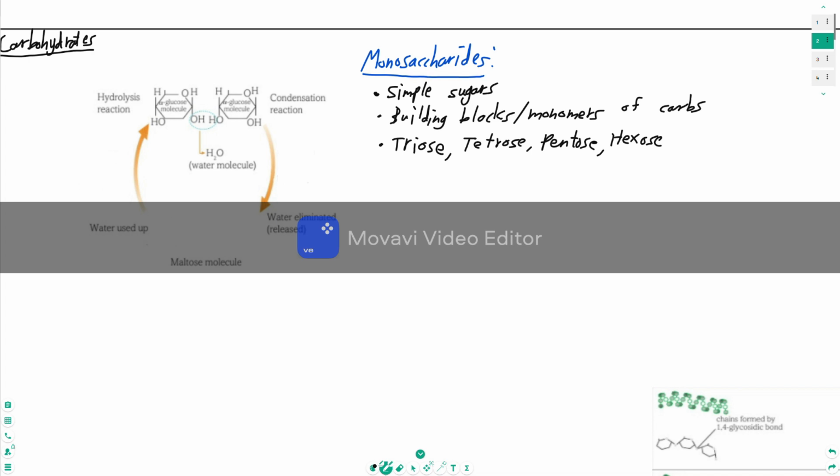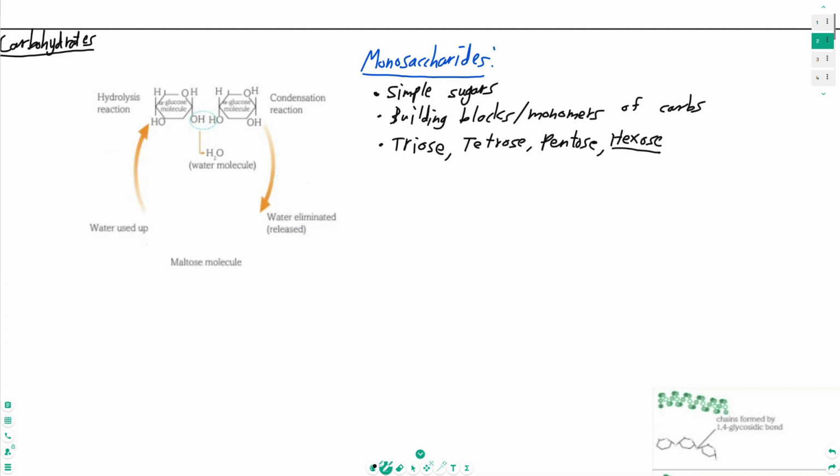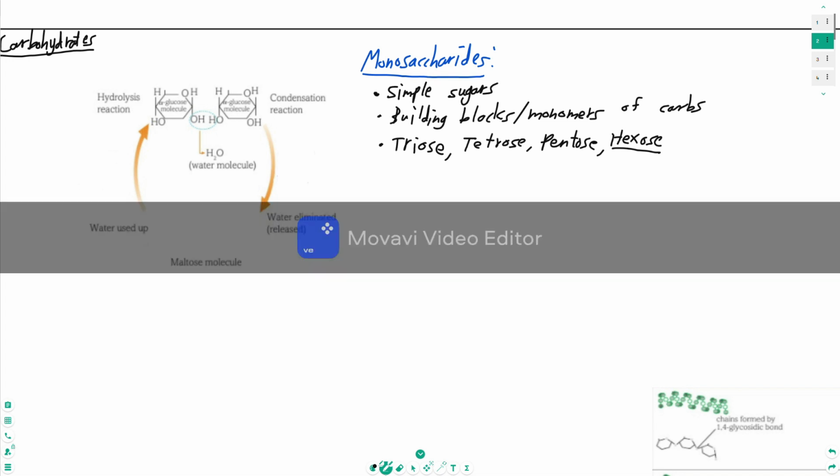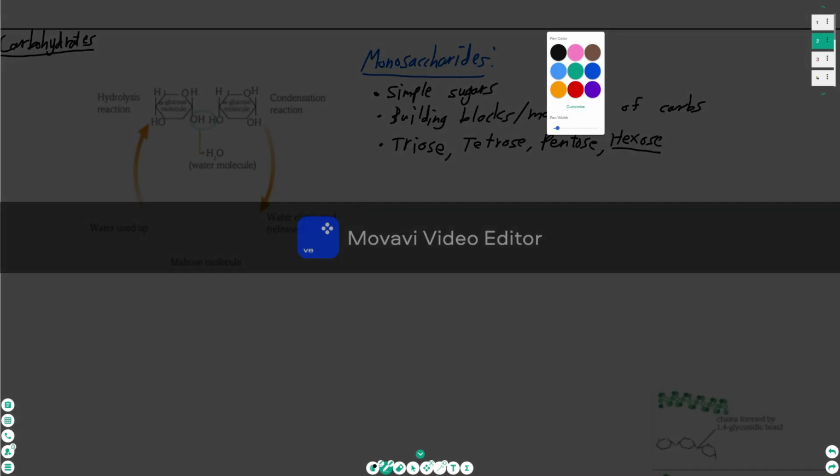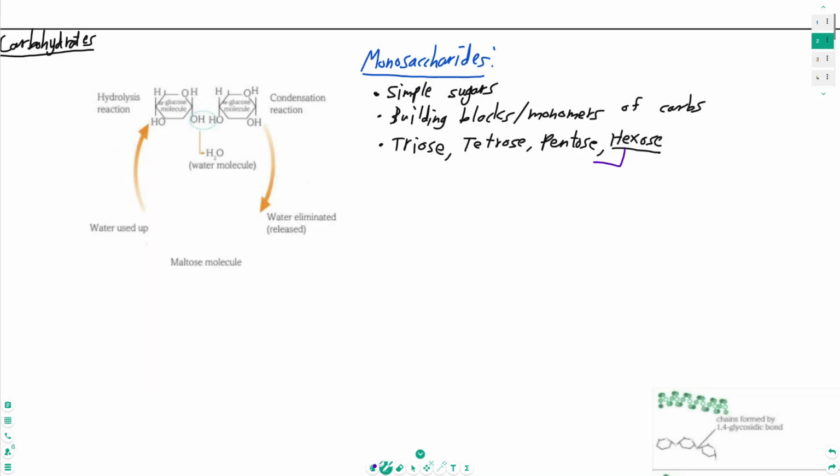So we're mainly focusing on hexose sugars in this topic, and particularly in this video. We'll focus on the pentose sugars when we do DNA and RNA. So the hexose sugars, there are four different types that you need to be aware of. So this first one is galactose.